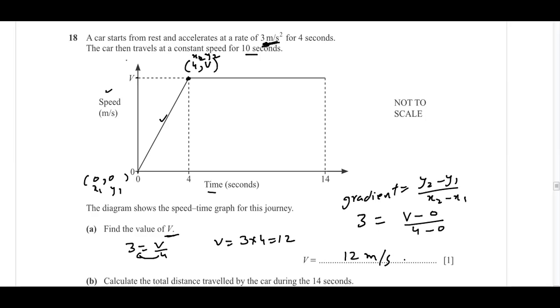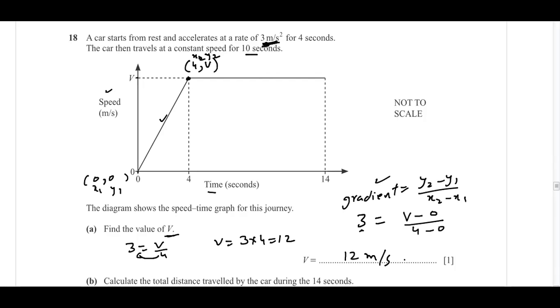This is the way to find the speed. In a speed time graph, the gradient of the line is always equal to acceleration. So first find the gradient. Gradient is equal to acceleration, and acceleration is given as 3. That is the value of the speed we have here.